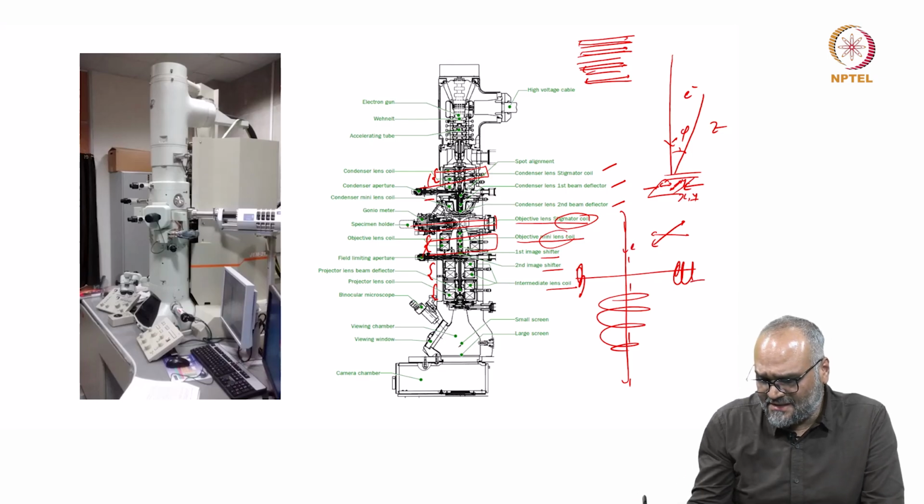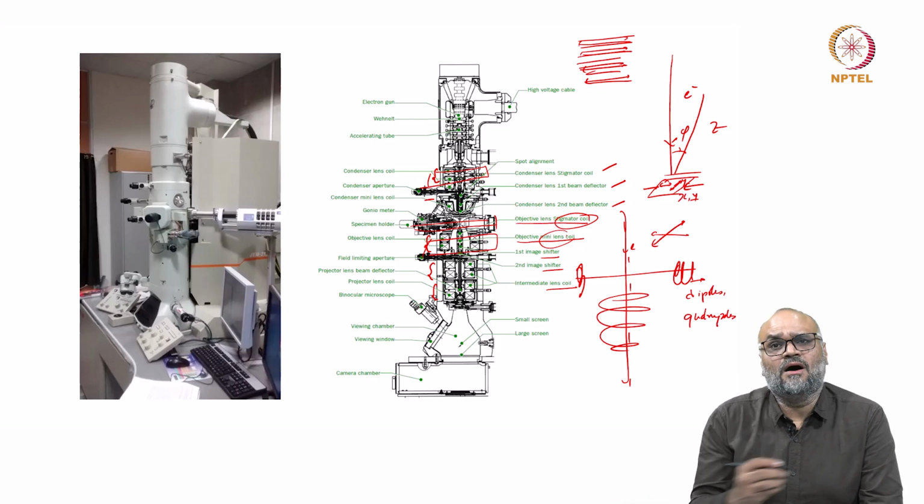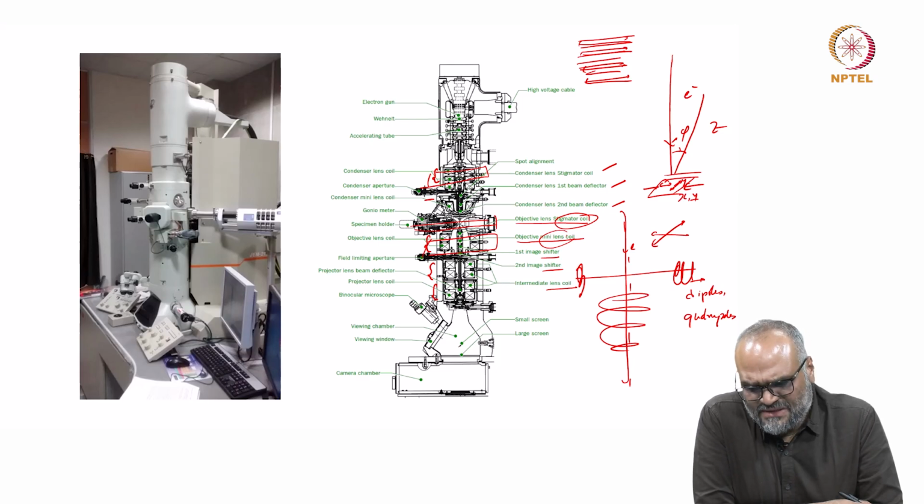These coils can be magnetic dipoles, or magnetic quadrupoles, or, for some special advanced constructions, hexapoles or octopoles. So apart from simple cylindrical coils, which are the main electromagnetic lenses, I can also have octopoles, hexapoles, quadrupoles, or dipoles, which have specific actions.